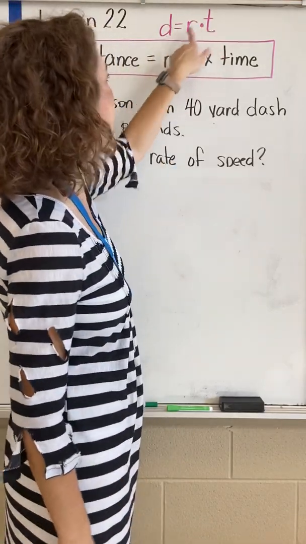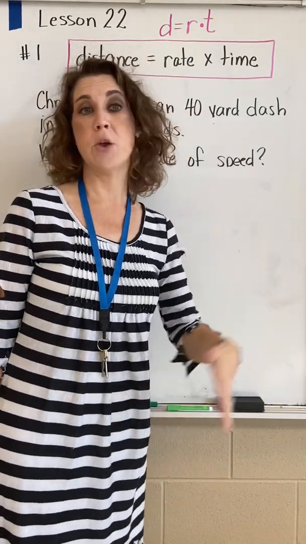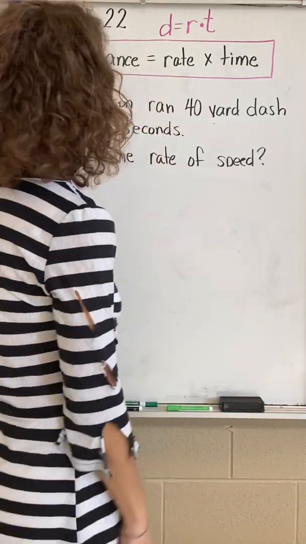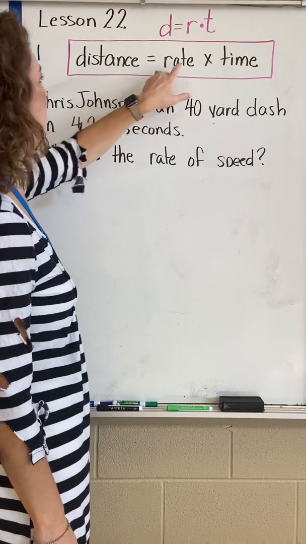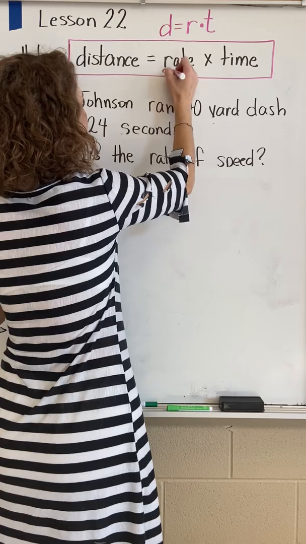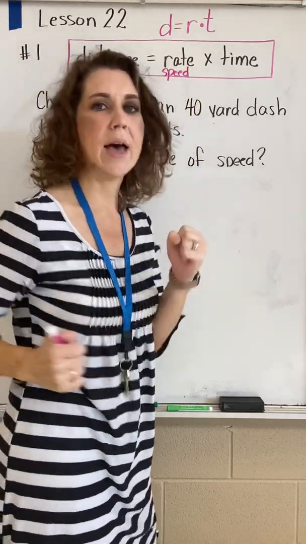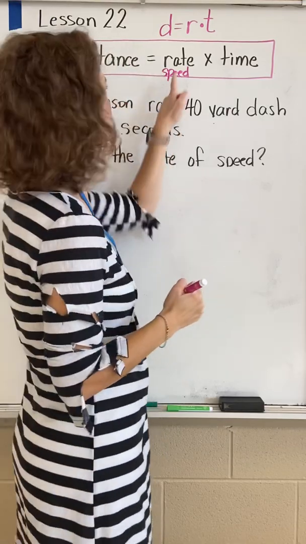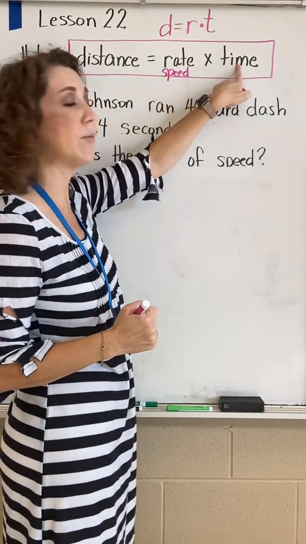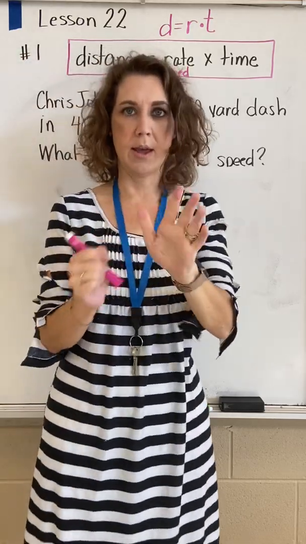So this is an equation. This is a mathematical equation that you would see in algebra. It says that if we know the rate, that would be the speed someone is traveling. If I was a runner, that's how fast I could run, my rate, times how long I'm running, that would tell me how far I went. So let's do a quick little example.